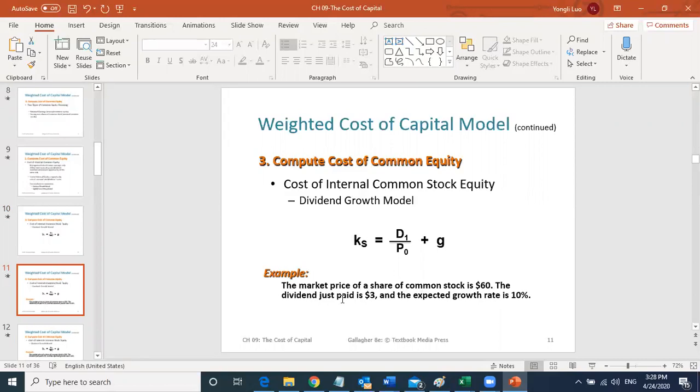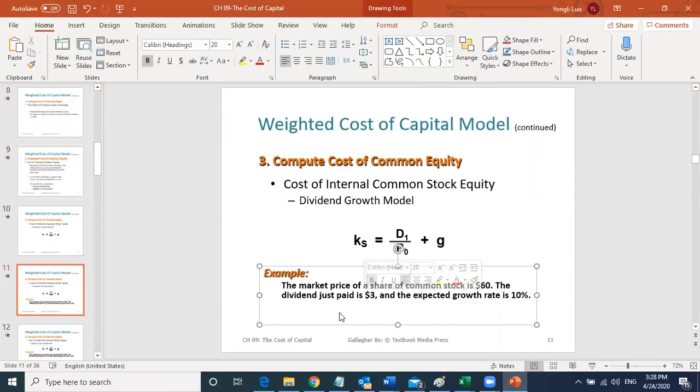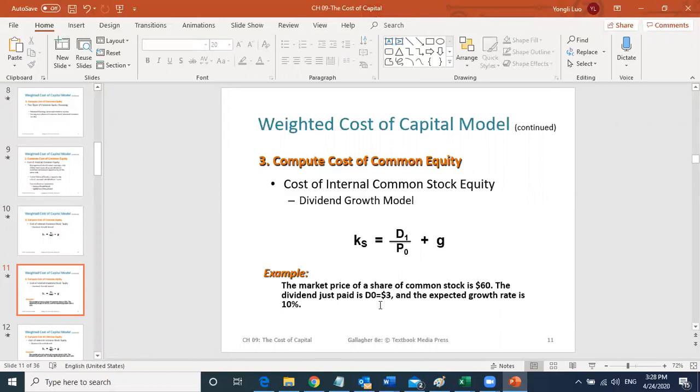For example, the market price of a share of common stock is $60. The dividend just paid is $3. We need to mention that the dividend they just paid is D0. D1 is different from the dividend they just paid.